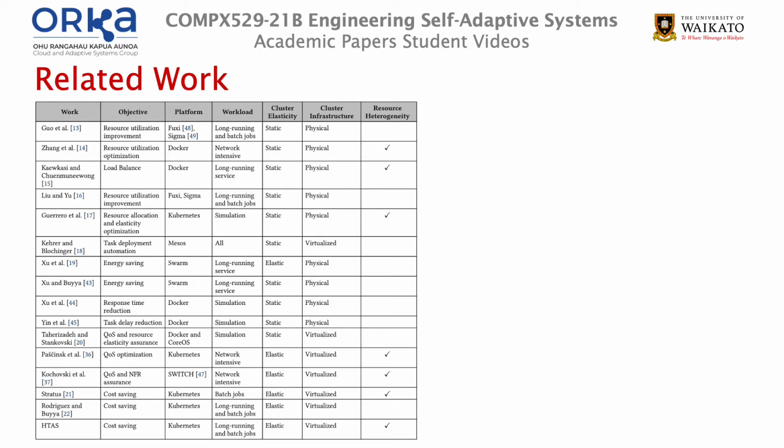Related work in this field, so lots of people are trying to come up with the best algorithms to improve load balancing and bin packing and all sorts of things. As you can see there, it's quite a list. And they're running across different platforms as well.